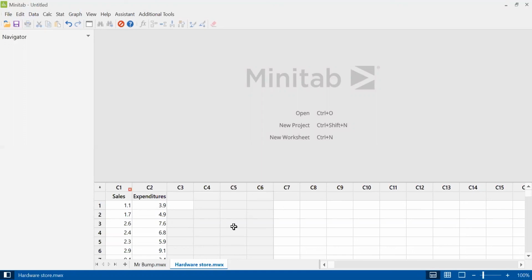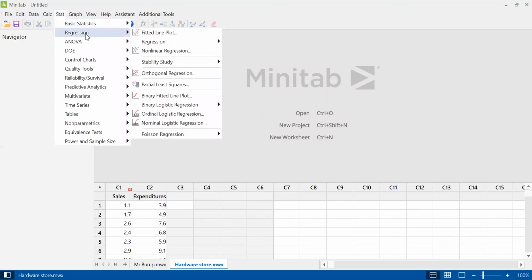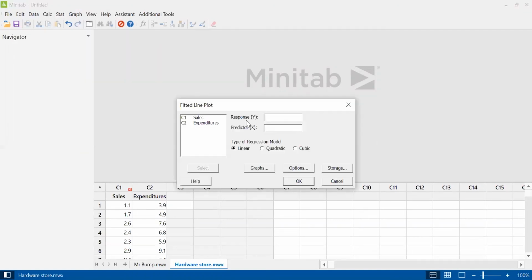So here's the data set. The name of the file is hardware store. And let's do the fitted line plot first. We go to Stat, Regression, and pick Fitted Line Plot. So the response variable y will be sales, and the predictor x will be expenditures. For the fitted line plot, we can choose among linear, quadratic, and cubic.